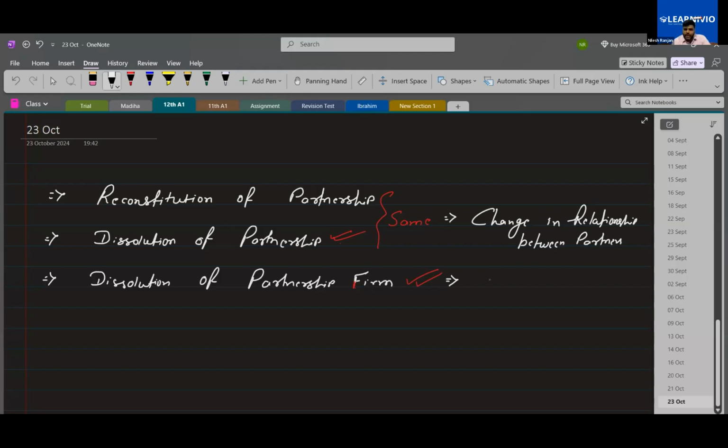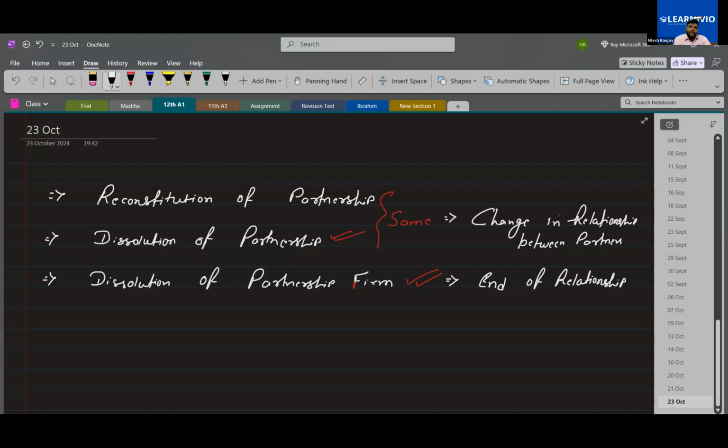And dissolution of partnership firm means end of relationship.